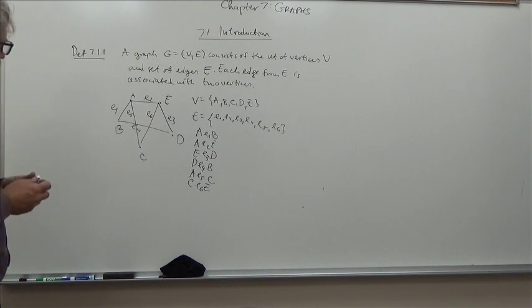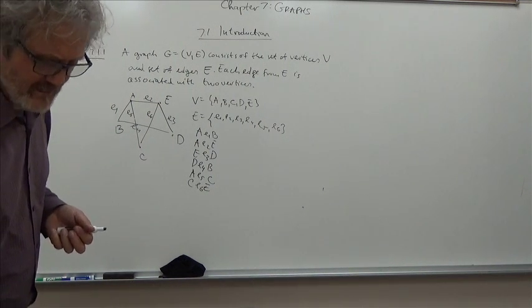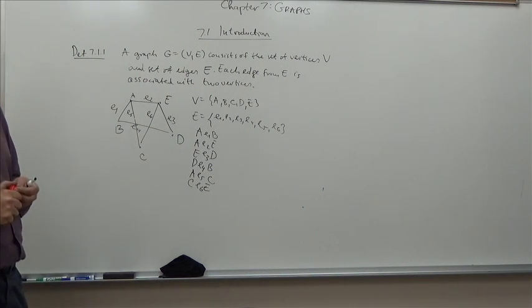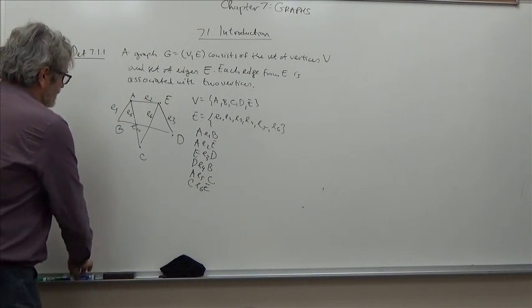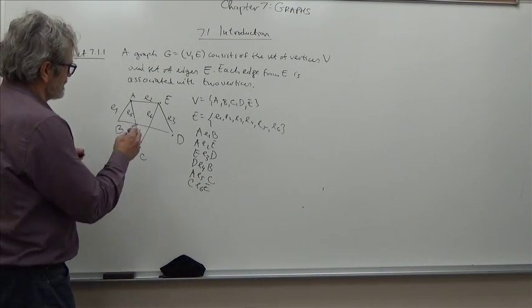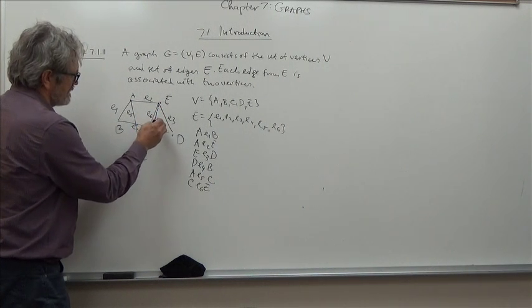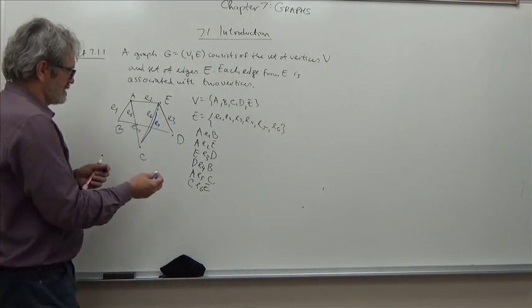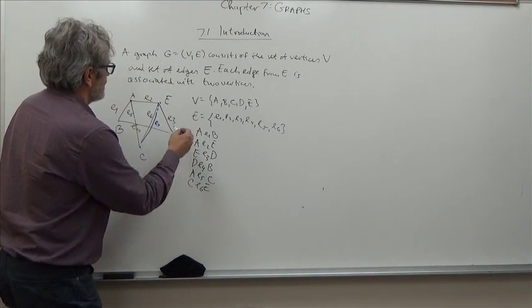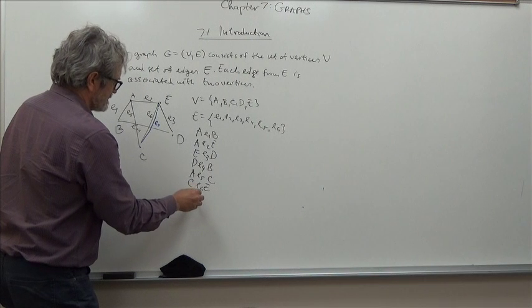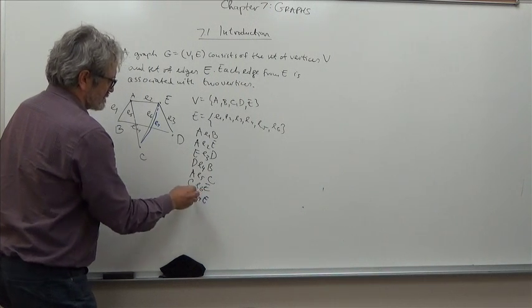Where graphs might differ from binary relations is that we might have multiple edges. I'll just draw one artificially and erase it. For example, there might be another edge E7, and then we would say C, E7, and the other endpoint.